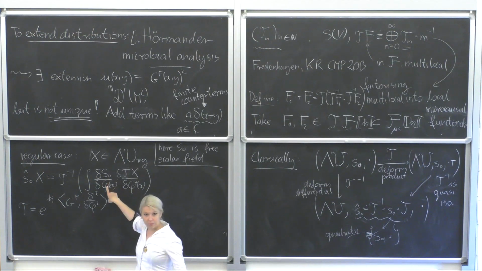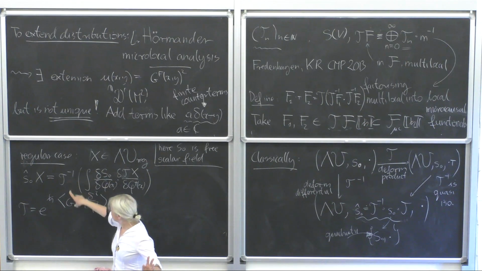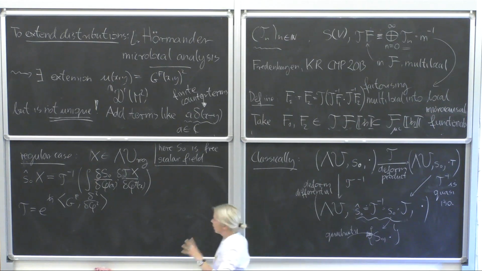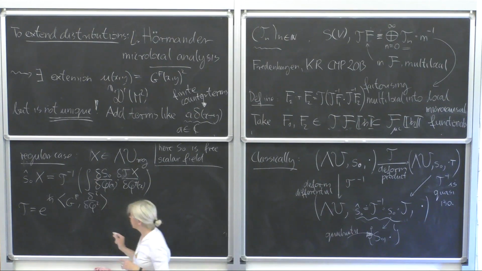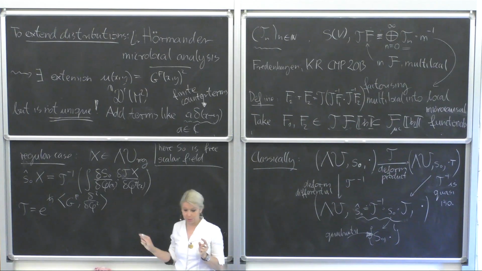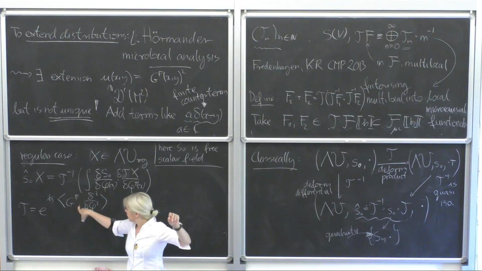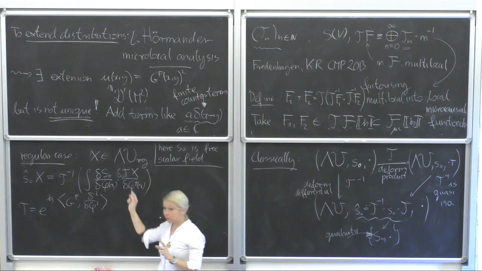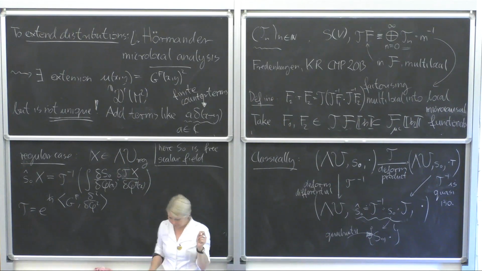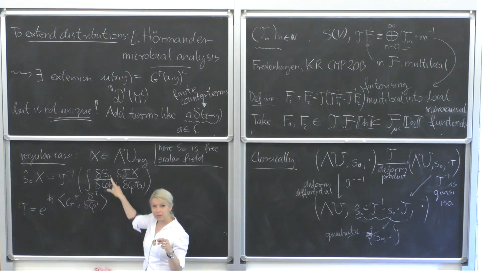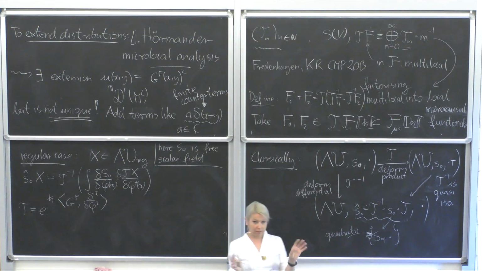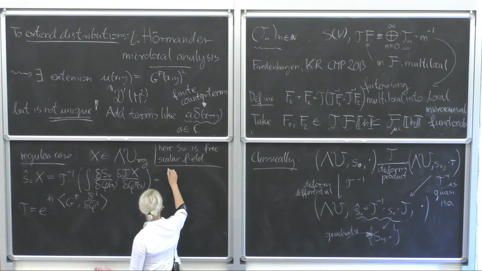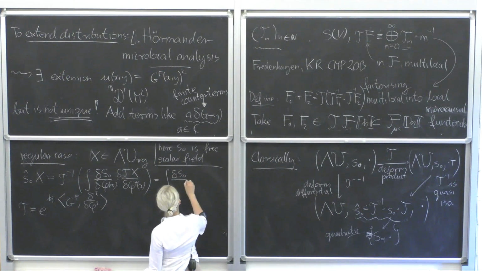S0 was quadratic, derivative of S0 is linear, so T applied to that is just identity, because it's the exponential of a second order differential operator. Then there are mixed terms: one leg goes to this one, and one leg goes to this one. But not so many, because there will be zeroth order and first order where I get the second derivative of S0, and then we're done, because S0 is quadratic.